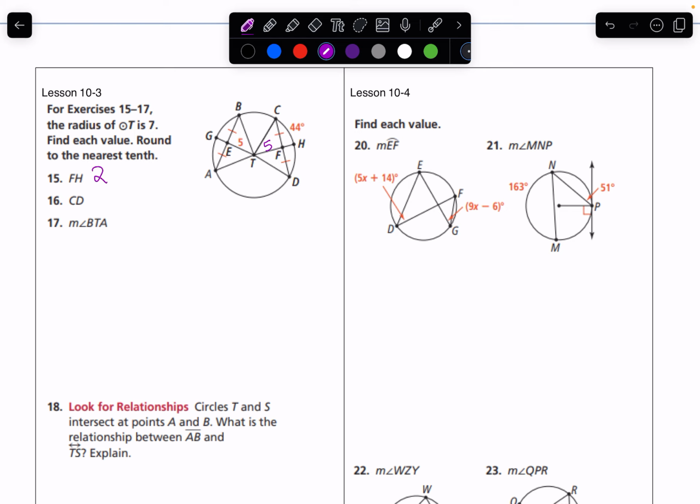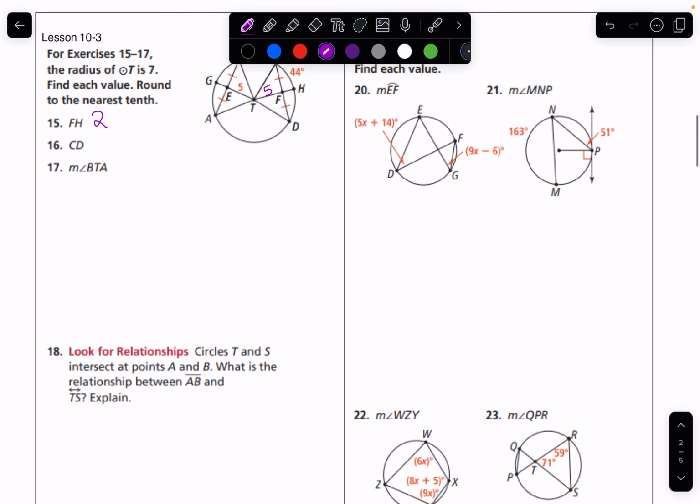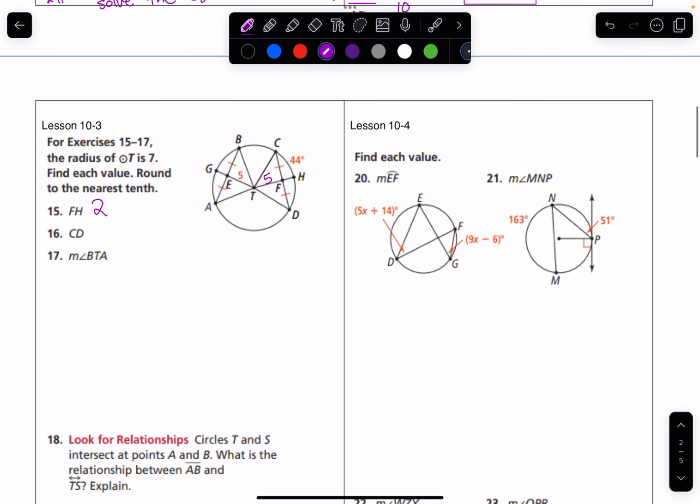CD I can find by making a right triangle with the 7 radius and the 5 that I know, and using the Pythagorean theorem. So 5 squared plus x squared, the other leg, equals 7 squared, since I know there's a right angle here. And that'll be 25 plus x squared equals 49.